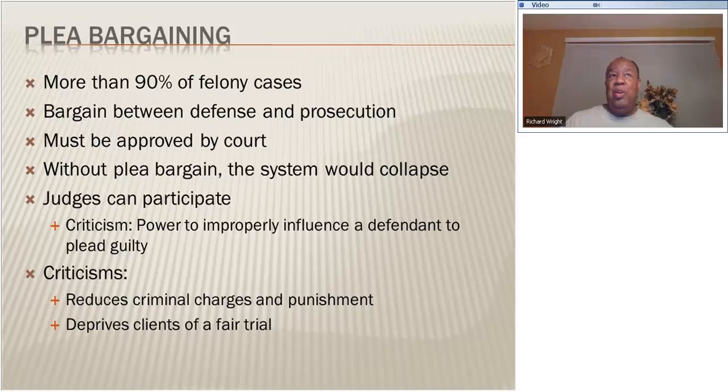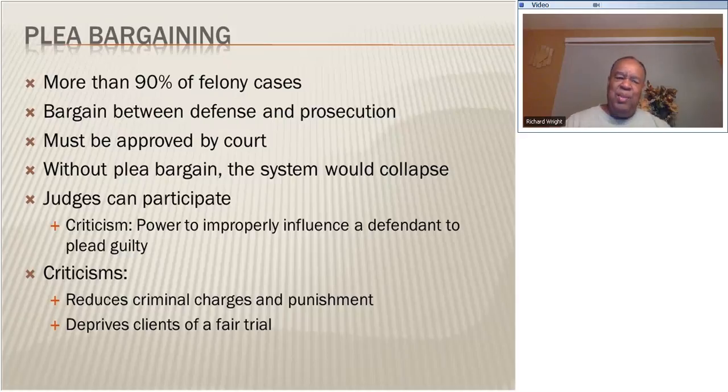If you are outside the system and don't understand the system, you might say, that's unfair. And the argument is that it forces a person to accept a plea. And the other argument is that it denies the victim's families a chance, or the victim justice or an opportunity for their issue to be addressed by the court.